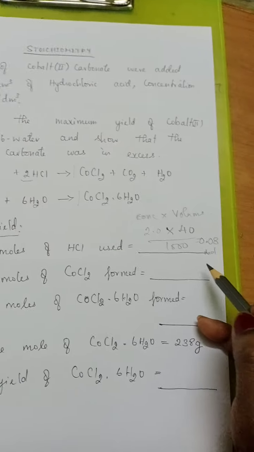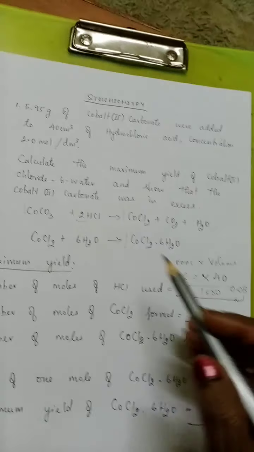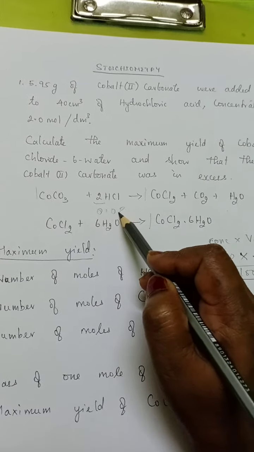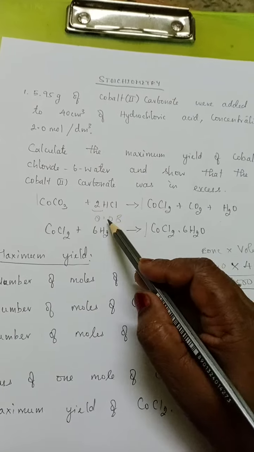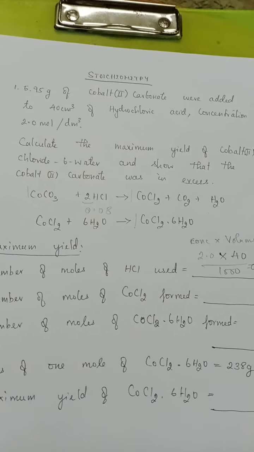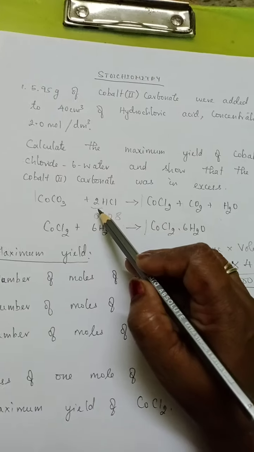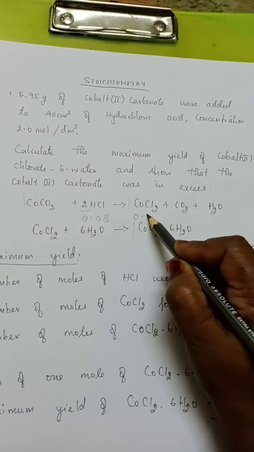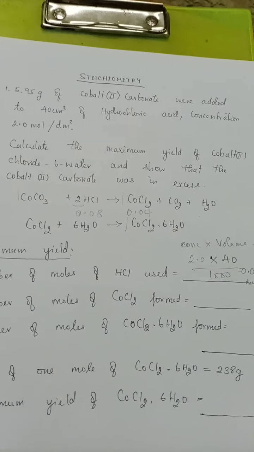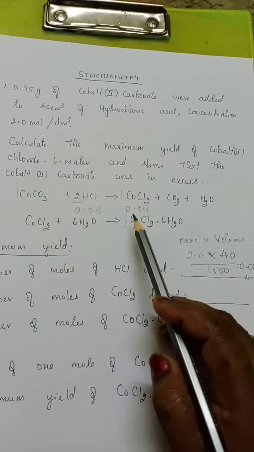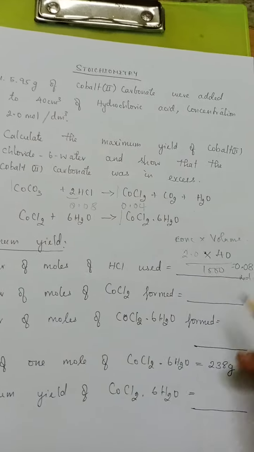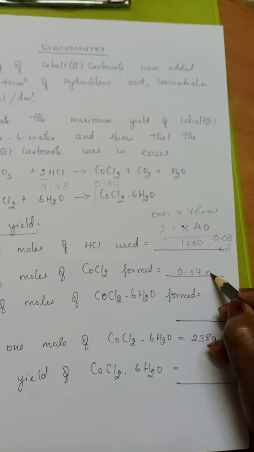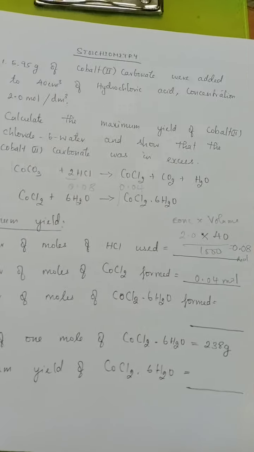That means if you take 0.08 mole of HCl, only half of that cobalt chloride is formed, right? If this is 2 mole and this is 1 mole, this will be 0.04. So 1 by 2 n, so 0.04 moles of cobalt chloride formed.